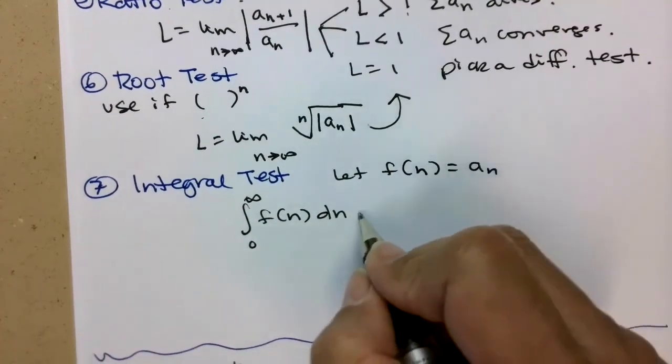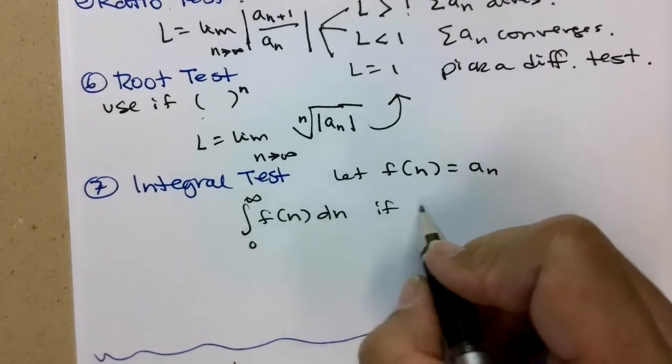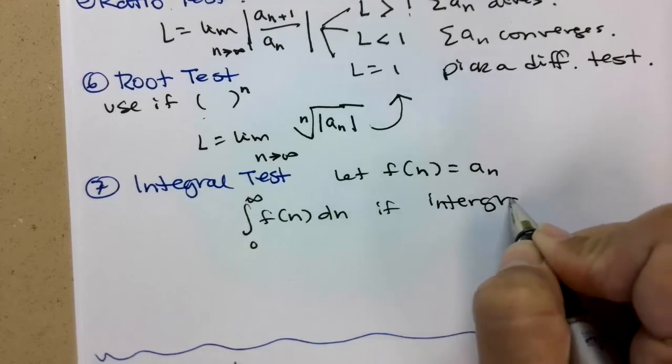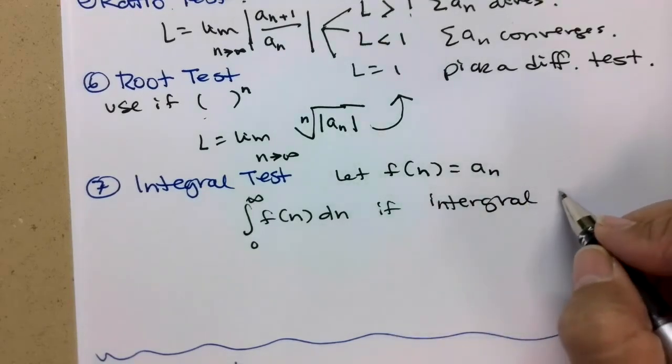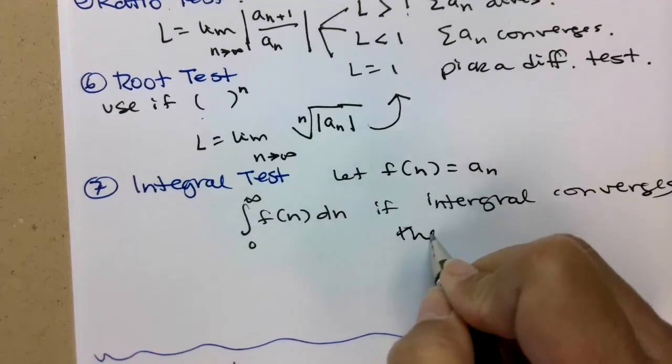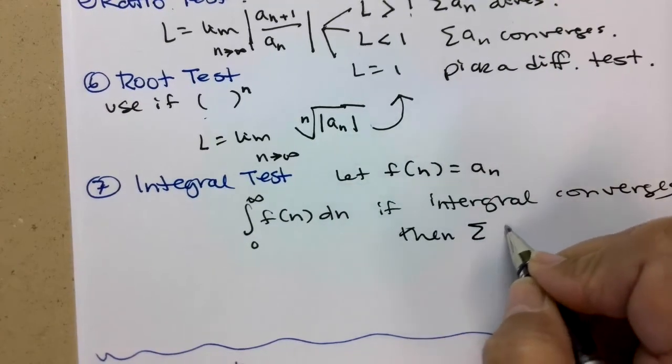And the way we work it is if the improper integral converges, then the series converges.